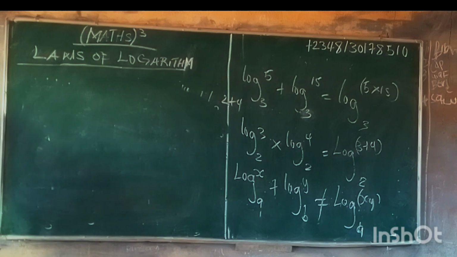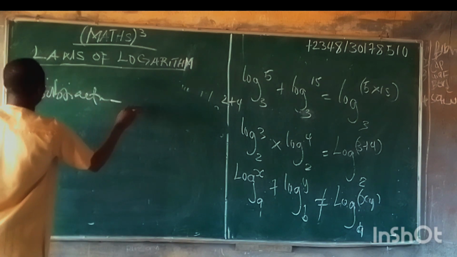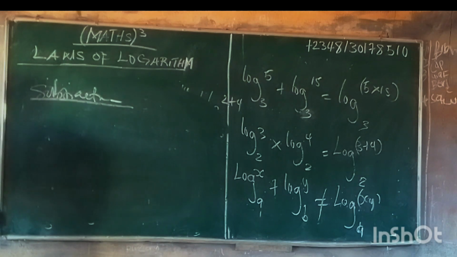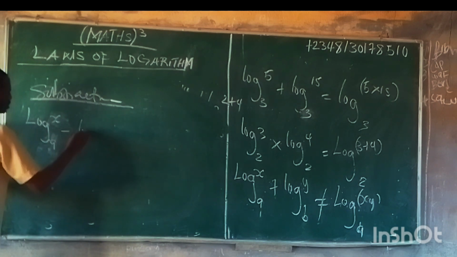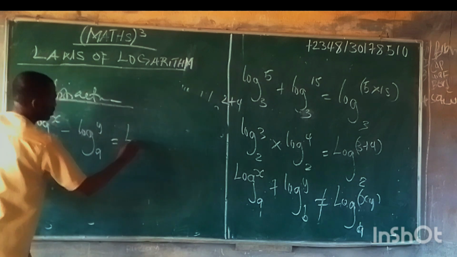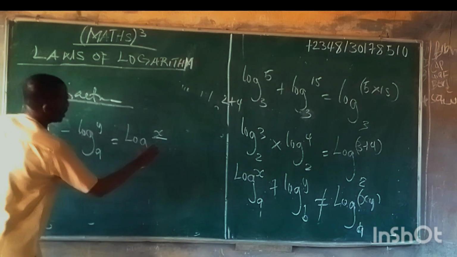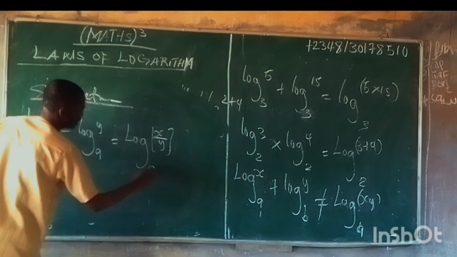Alright, let's pick up some chalk again. The law of subtraction says that log x base a minus log y base a is equal to log x divided by y base a.